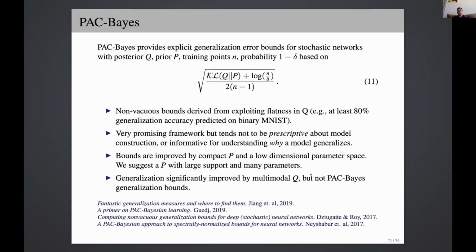However, the generalization bounds in PAC-Bayes are not typically that affected by a multimodal posterior Q. You just get a log factor, so they're not changed that much. So I think it's an interesting future research direction to see if we can derive generalization bounds that would be very influenced, for instance, by multimodal posteriors. So I think this is an exciting direction and quite complementary to the perspectives that we've been describing so far.